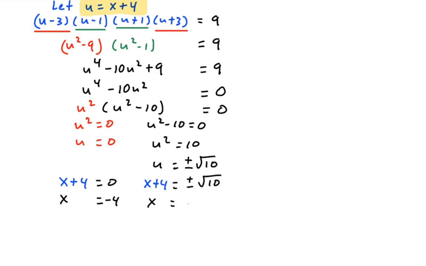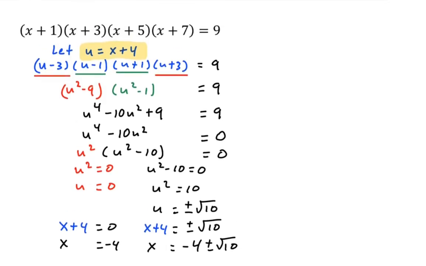Solving this, we get x = -4 plus or minus root 10. So if we look back at this problem, (x + 1)(x + 3)(x + 5)(x + 7) = 9, then our solutions are x = -4, x = -4 + root 10, and x = -4 - root 10.